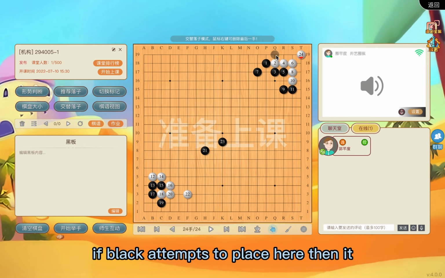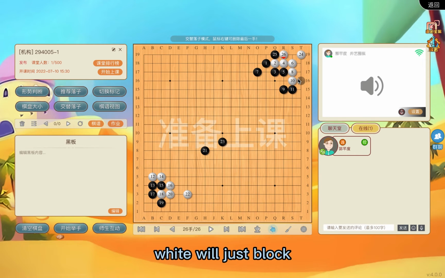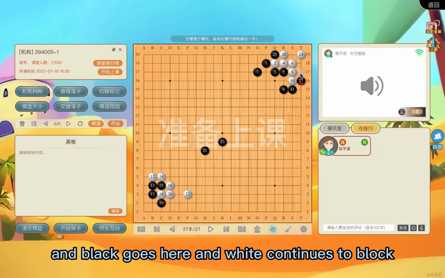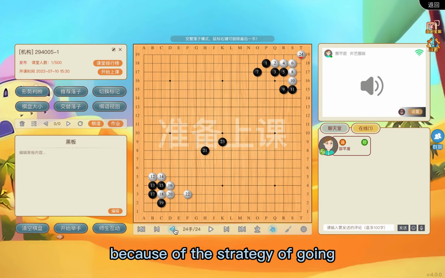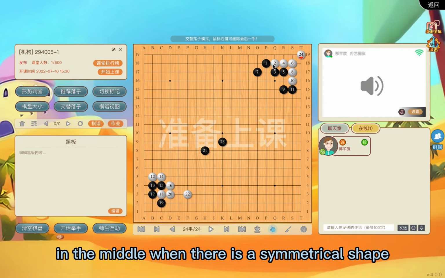If black attempts to place here, then white will just block, and black goes here and white continues to block. In this case, this group of white stones is alive because of the strategy of going in the middle when there is a symmetrical shape.